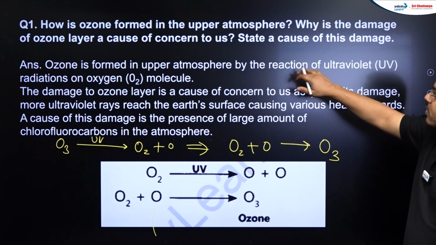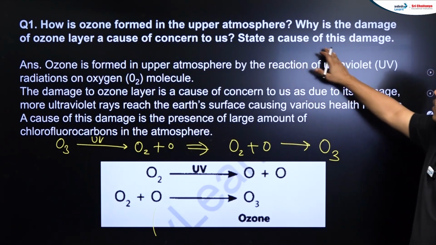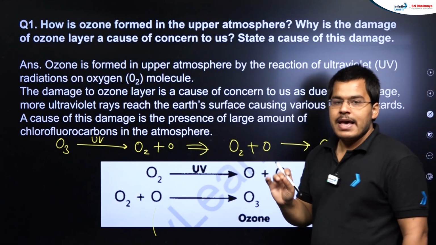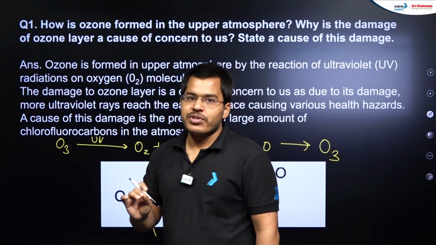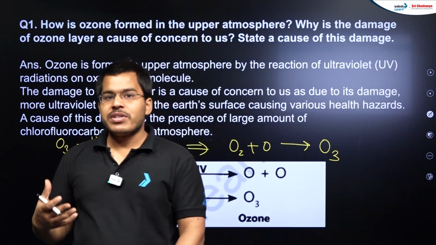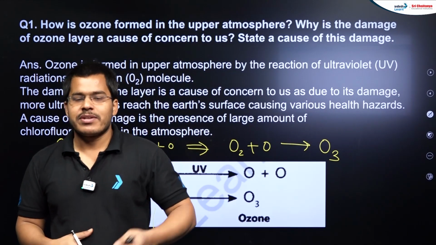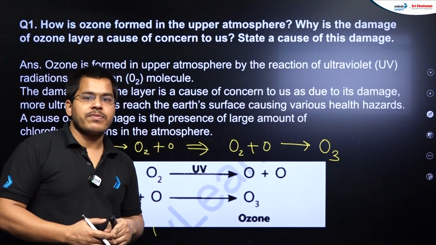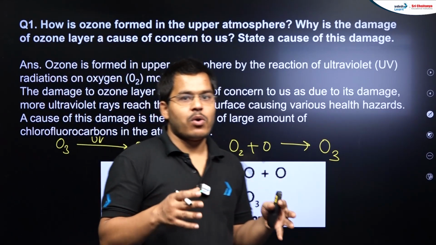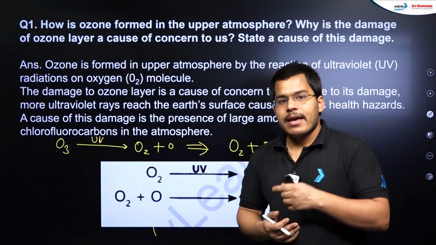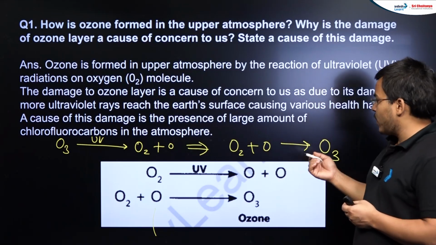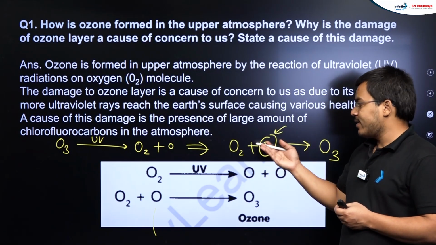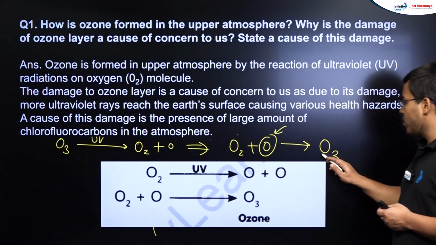Now the last part of this question: state a cause for this damage. The cause is chlorofluorocarbons that are released from refrigerants, like refrigerators and air conditioners. When these chlorofluorocarbons reach the stratosphere, where ozone gas is found in a layer form, they react with the oxygen, occupy it, and do not release it again for the formation of the ozone layer.